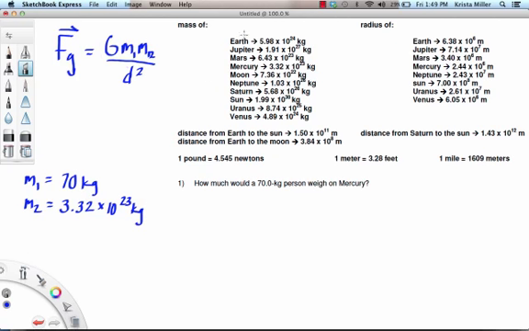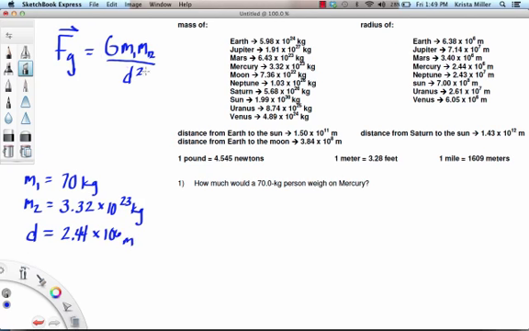And if you look at that, it's not actually quite as big as Earth's mass. And then d is going to be the distance from the center of their radiuses to each other. So we're actually going to use the radius of Mercury, which, as you can see, is 2.44 times 10 to the 6 meters.